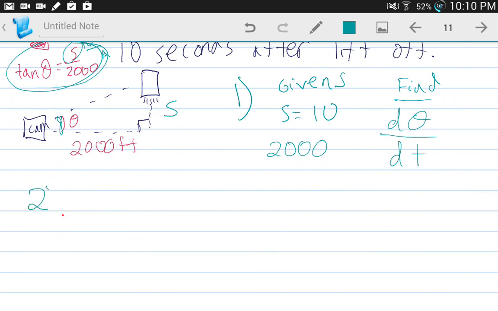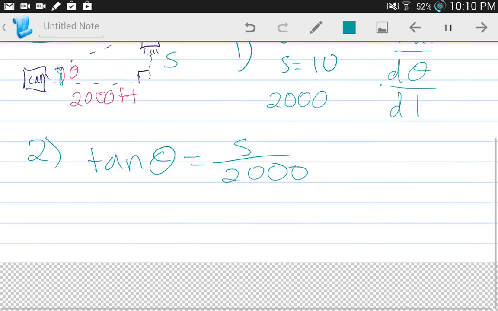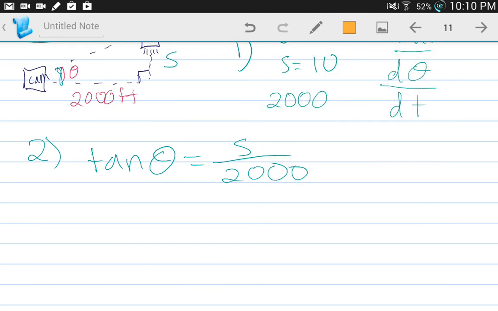Alright, step 2, write down our equation. We have tangent theta equals s over 2,000. Alright, step 3 is to do the derivative of that. So d over dt, d over dt, and the derivative of tangent is secant squared theta, and then times d theta over dt, because the variable is theta.